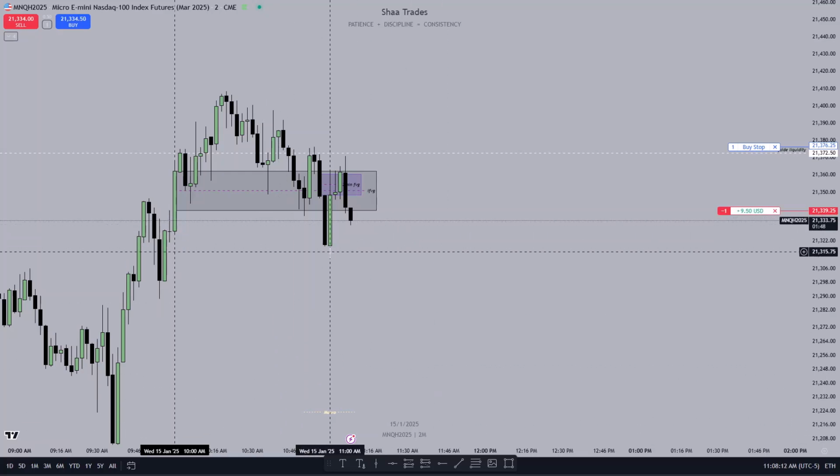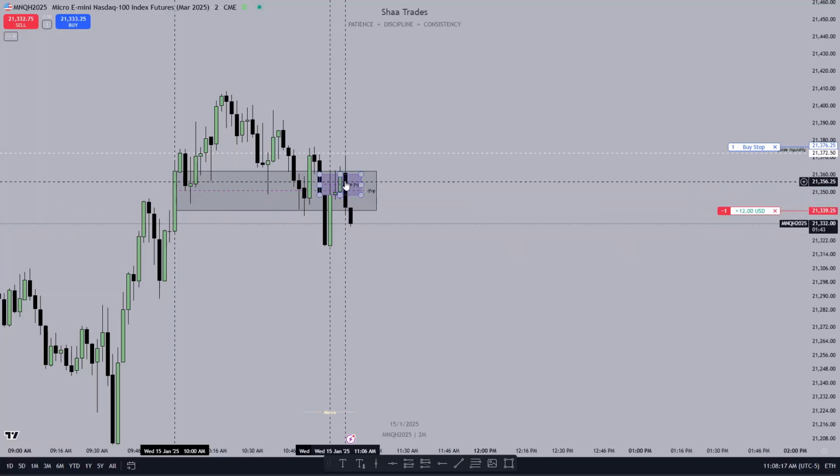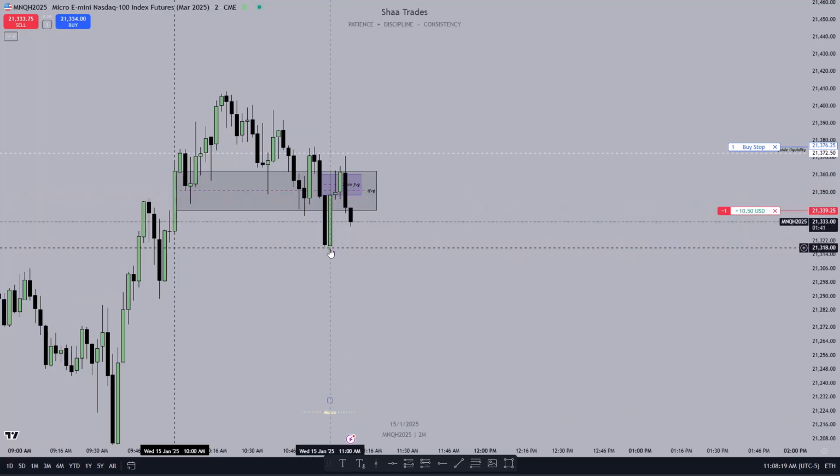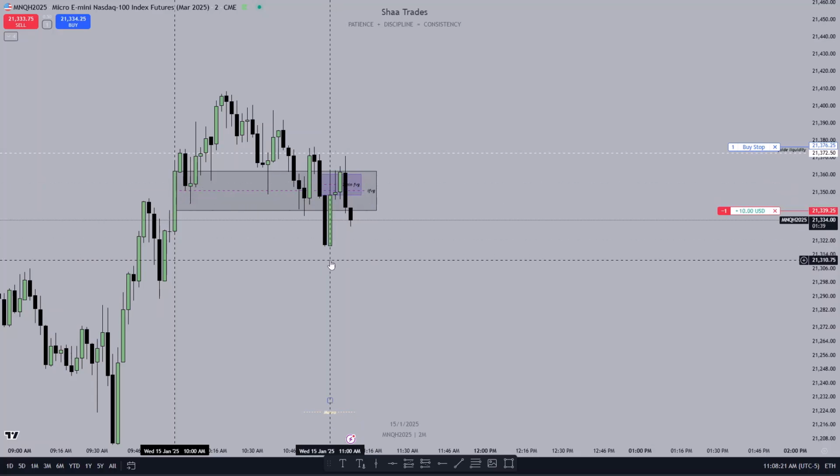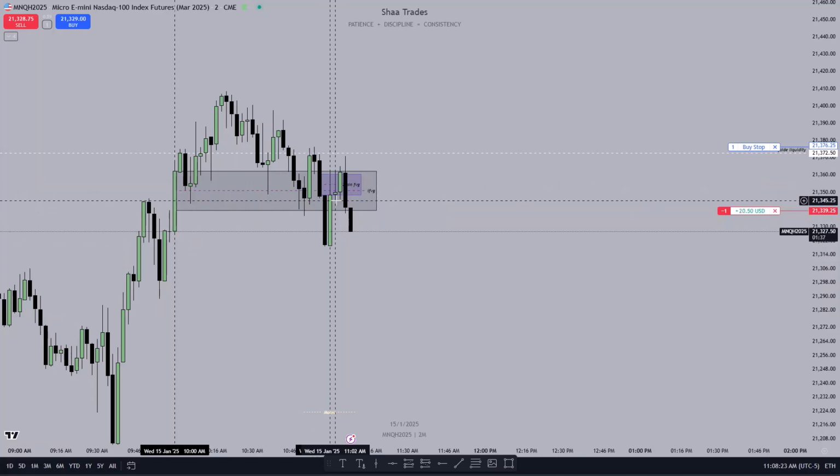If price closes below this candle here, then this three up-close candle here is going to be one bullish bearish order block.